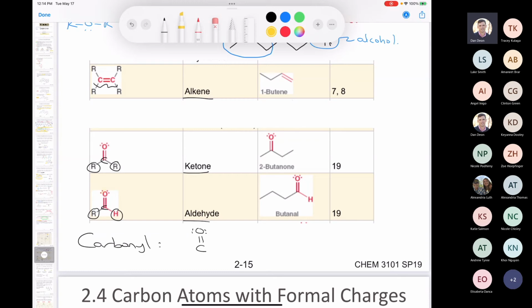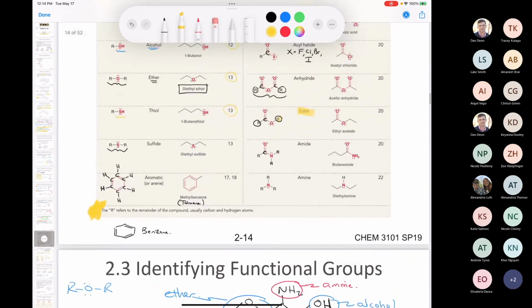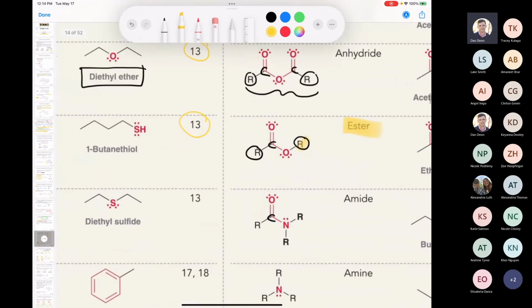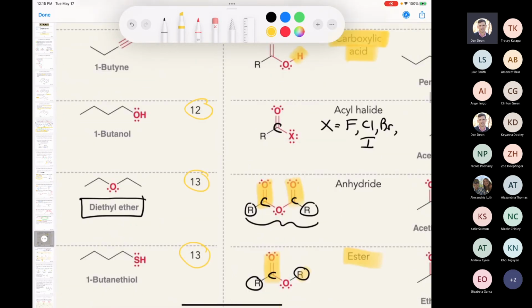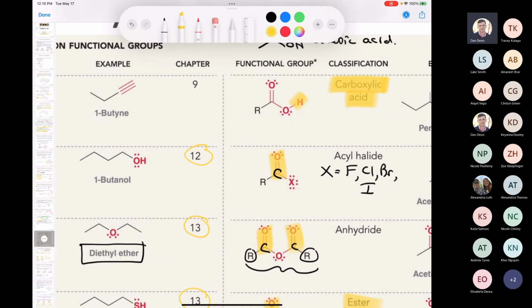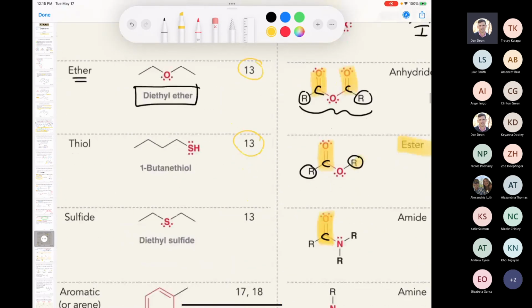You can see that there's a carbonyl in an aldehyde. There's a carbonyl in a ketone. If we scroll up, you can see that there's a carbonyl in an amide. There's a carbonyl in an ester. There are two carbonyls in an anhydride. There's a carbonyl in an acyl halide. There's a carbonyl in a carboxylic acid.